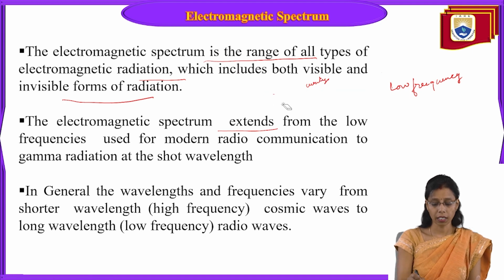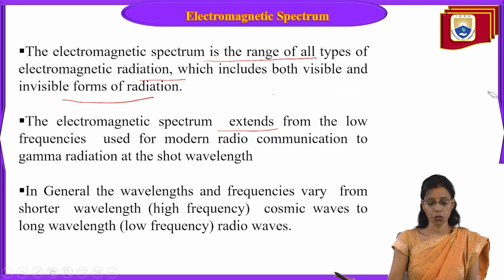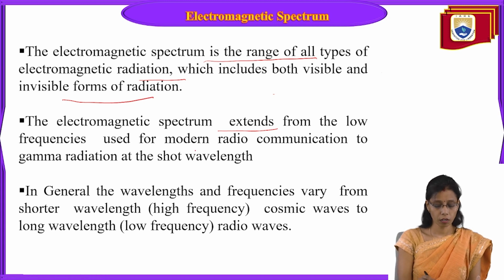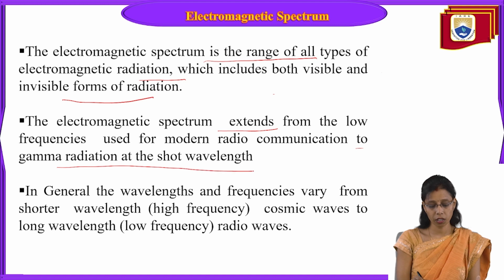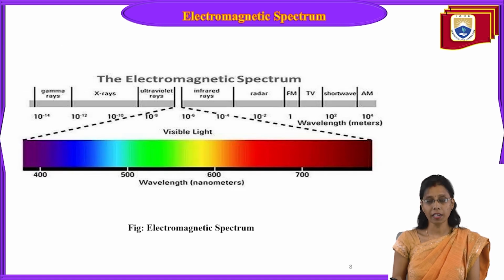It starts from the low frequency used for modern radio communication to gamma radiation at the short wavelengths. In general, wavelengths and frequencies vary from shorter wavelength, that is high frequency cosmic waves, to longer wavelength, that is low frequency radio waves. We will understand it better with this picture.